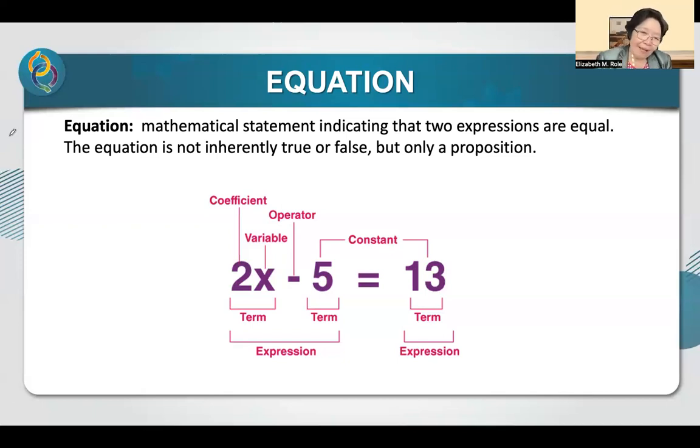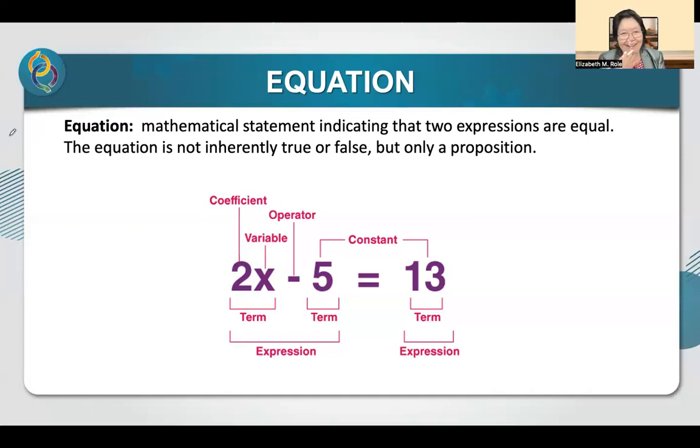So we talked about algebraic expressions. An equation is composed of expressions where you now have a variable, a coefficient, and an operator, whether it is a plus or a minus, and each part of the expression is considered to be a term. All right, it's an element of the expression.